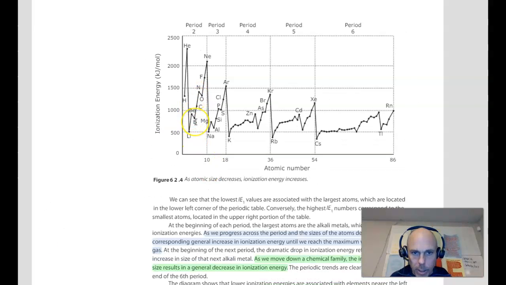All right, let's explain the drop from beryllium to boron, and from magnesium to aluminum, first. When we go from beryllium to boron, you're going from the last term of beryllium's electron configuration being 2s2 to boron's being 2p1.